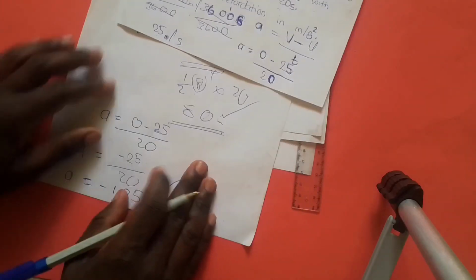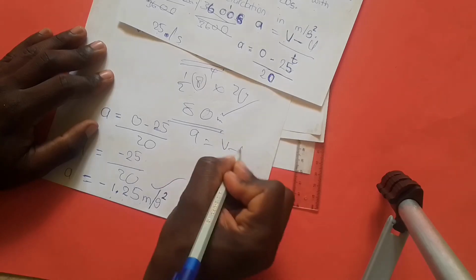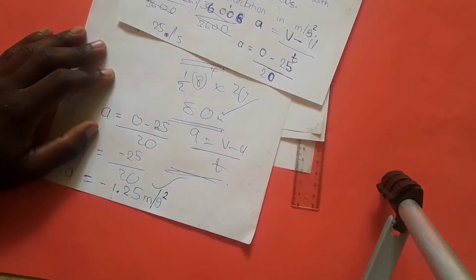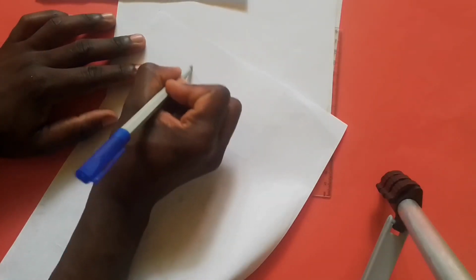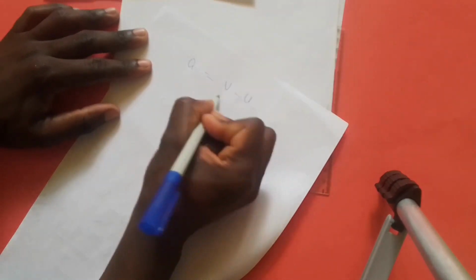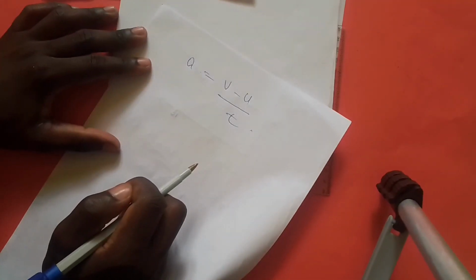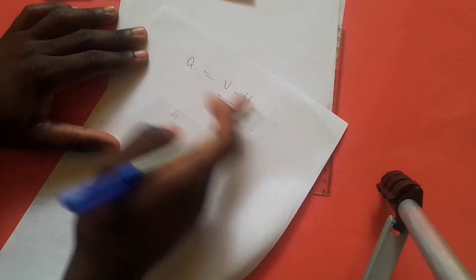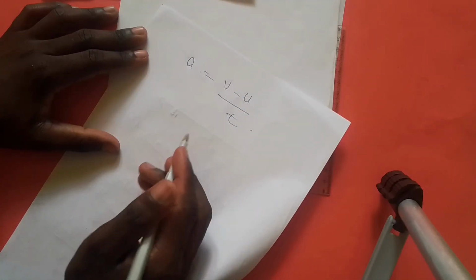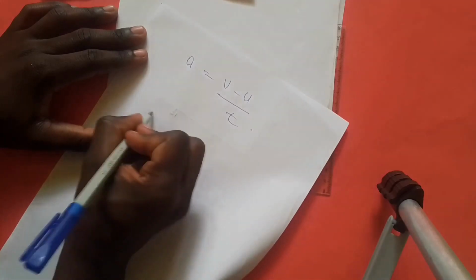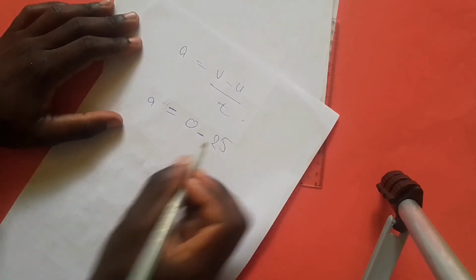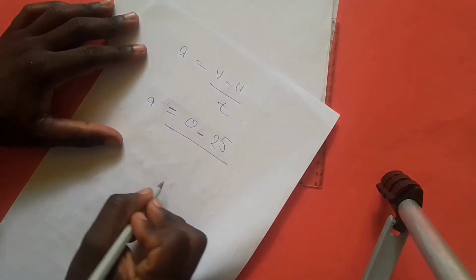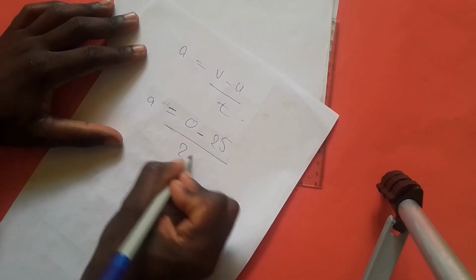How did we find this? A is equal to V minus U over T. Then we found that V is equal to 0 since the car came to a stop. So A is now equal to 0 minus the initial velocity, 25 meters per second, over T, which is 20 seconds.